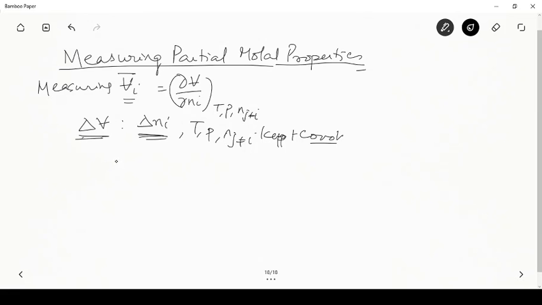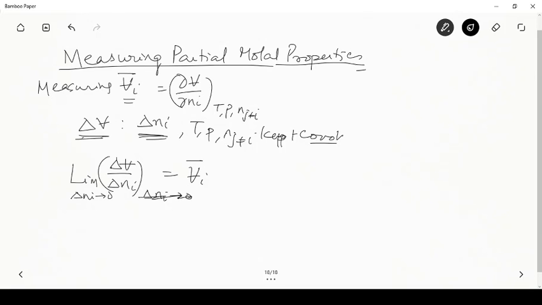And so delta V by delta Ni, in the limit when delta Ni tends to 0, constitutes the value of V̄i at that composition.